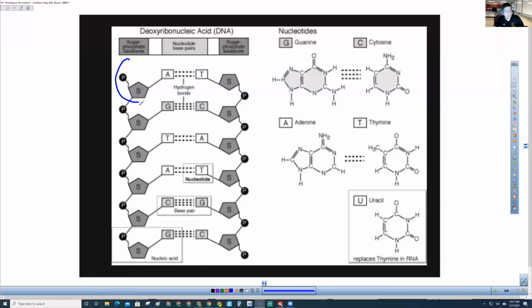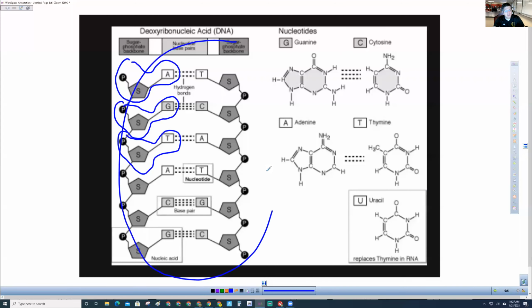So here is one nucleotide. See, 1, 2, 3 parts. This is another nucleotide. Here is another nucleotide. See that?